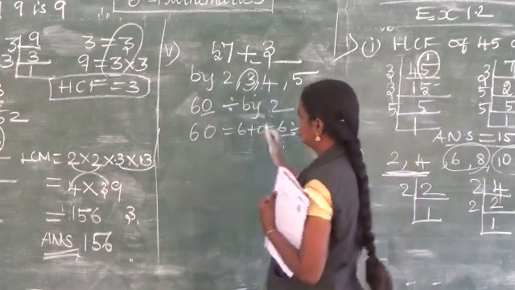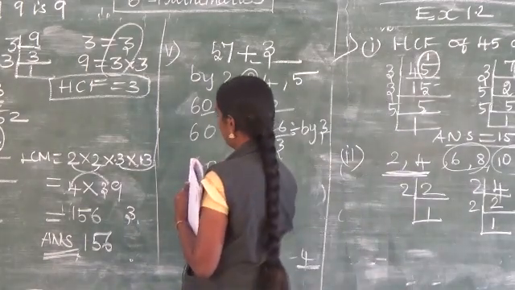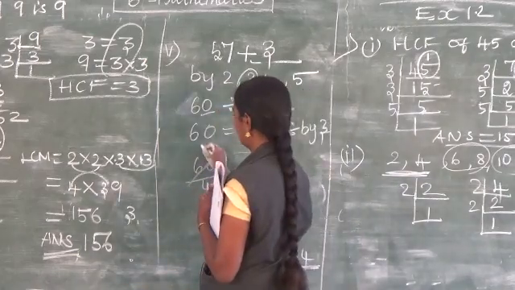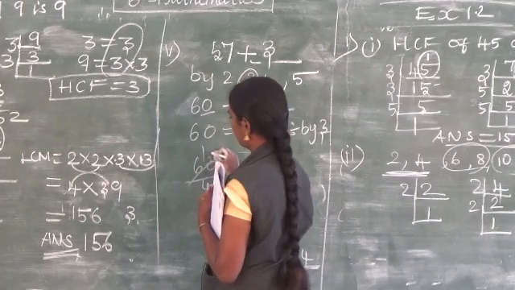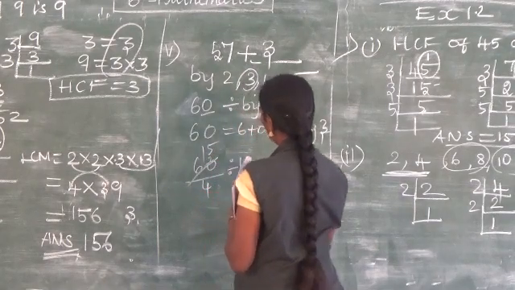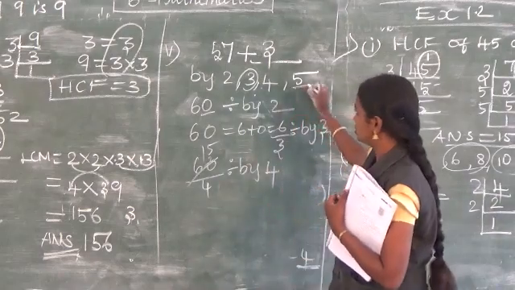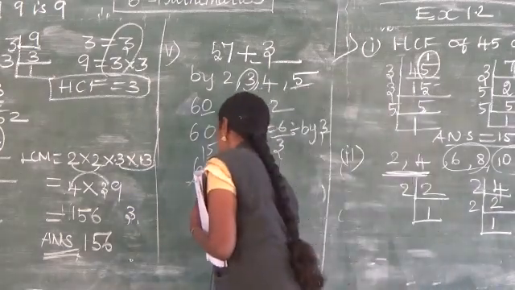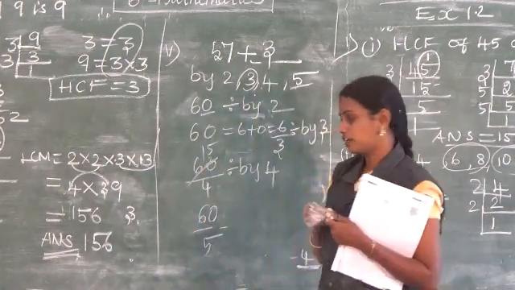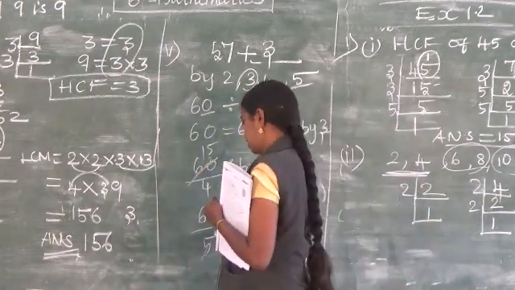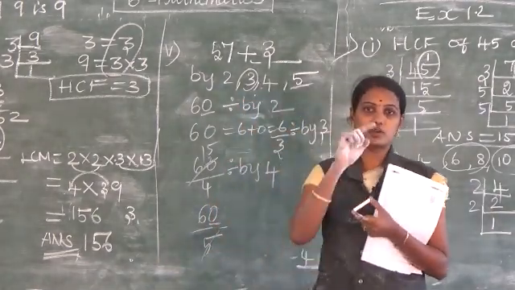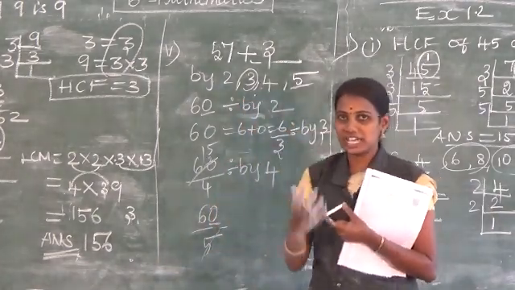Next 4: for the 4 table, you can divide the last 2 digits. If you divide you will get 1 and remainder, 15. So it is divisible by 4 also. Then check for 5. 60 is divisible by 5, because a number divisible by 5 should end with 0 or 5. You don't need to divide and see.